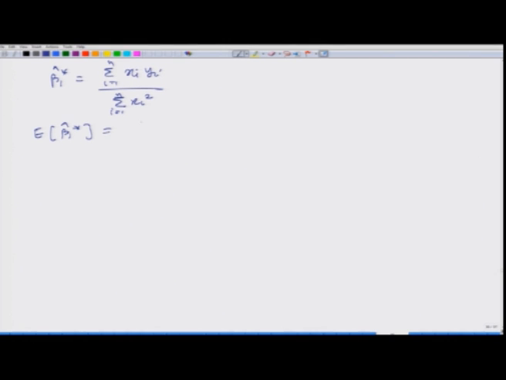This comes out to be summation i goes from 1 to n xi times expected value of yi upon summation i goes from 1 to n xi square, and the expected value of yi is nothing but beta 1 xi, upon summation i goes from 1 to n xi square.